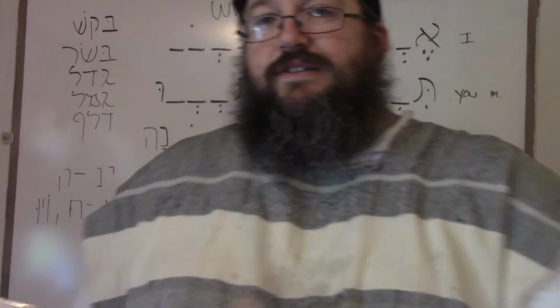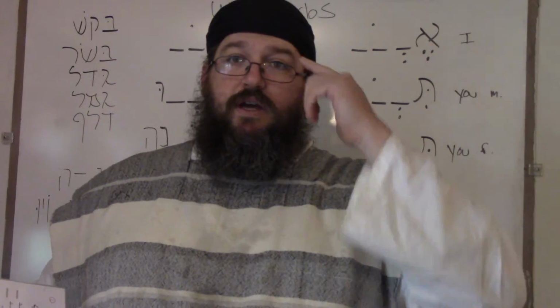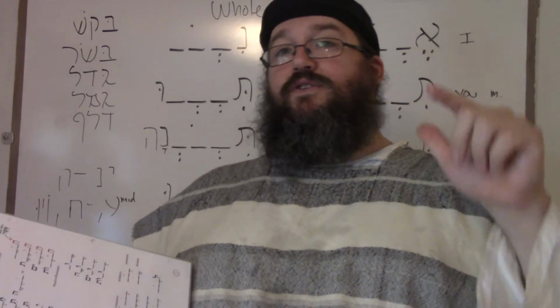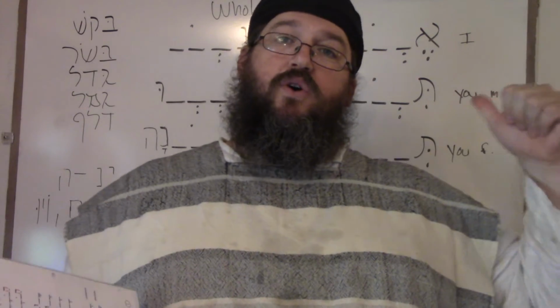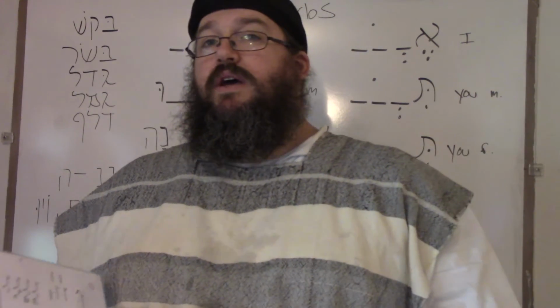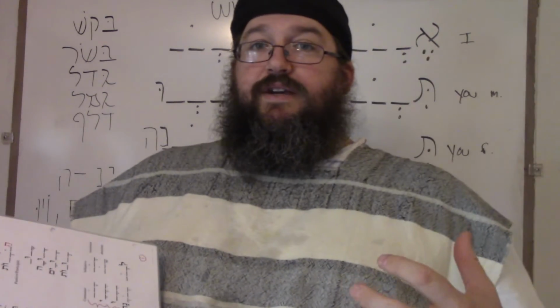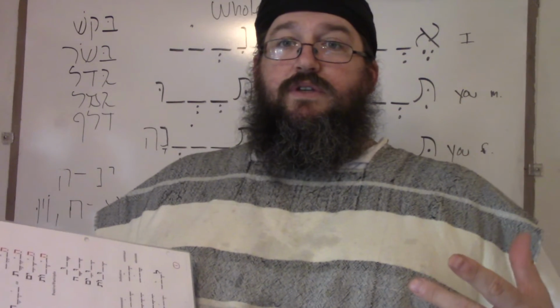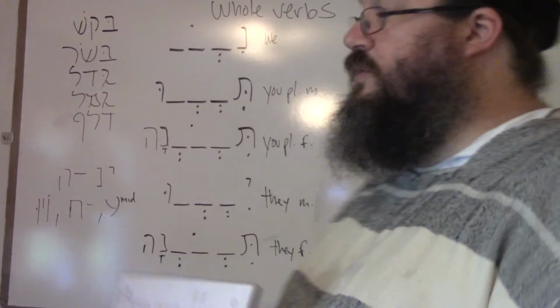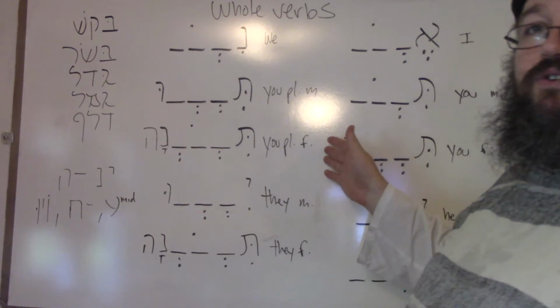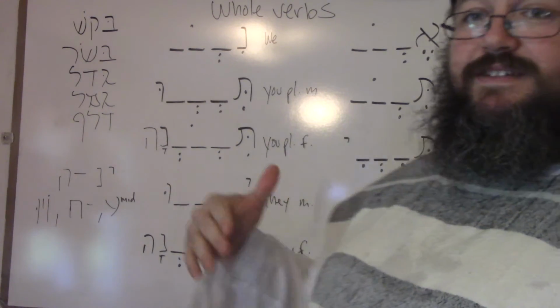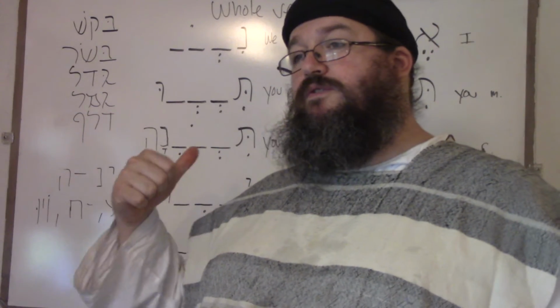Okay, so this is basically going to remind you that only these specific roots belong to the whole verb category, and this is going to help you with vocalizing the actual roots into the actual forms we're using right here, the future tense. We'll be doing the past tense after this, but we're going to do the future tense first.